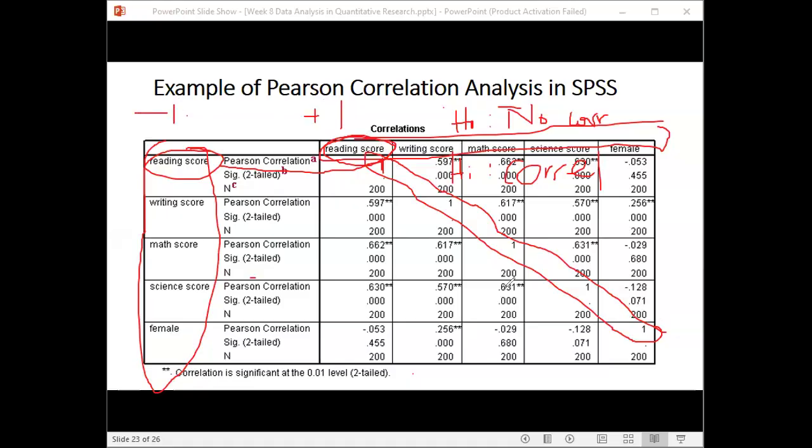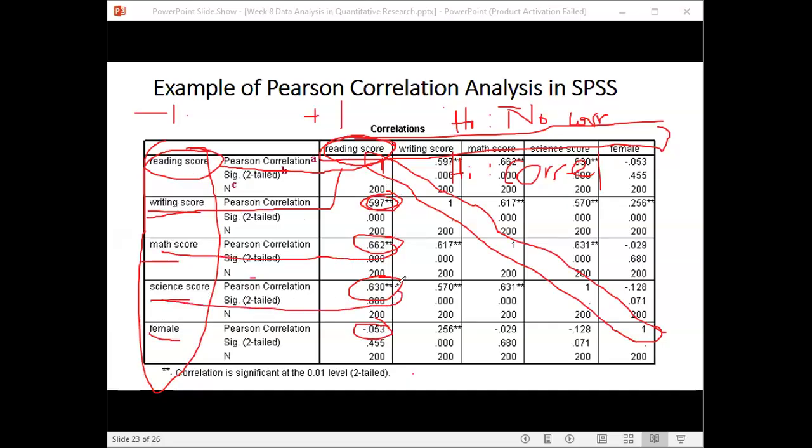That's the relationship. And the others that you see on the other side, these ones, are the variables here against another variable. So writing score against reading score is what you see here. Math score against reading score.